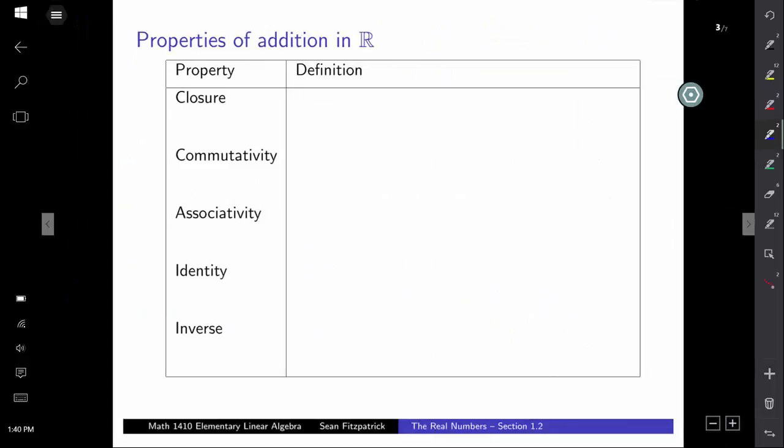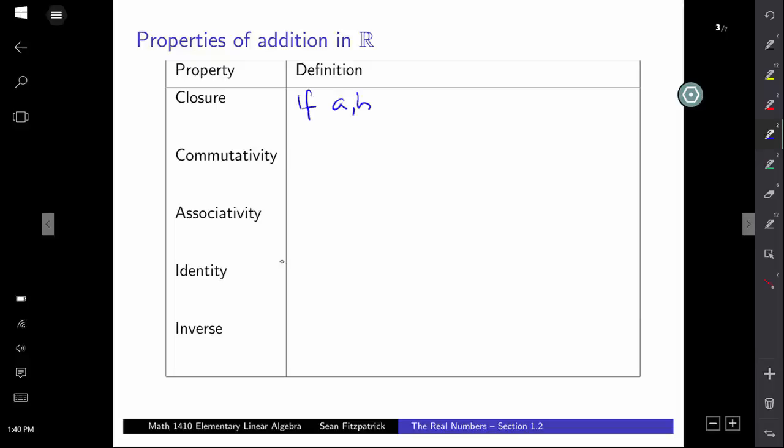Okay, now, we want to look at the particular algebraic properties that are essential to the real number system and allow us to do the sort of algebra that we're used to doing, right? So there are a number of these properties, and we're just going to write out what these all are. So the closure property is simply the statement that whenever you add two real numbers together, you get a real number.